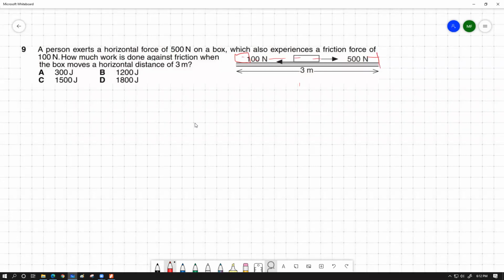They actually showed only one box to avoid confusion. Now, the person is pushing the block by 500 Newton. It covered a distance of 3 meters. So work done by person is equal to 500 into 3, 1500 joule.